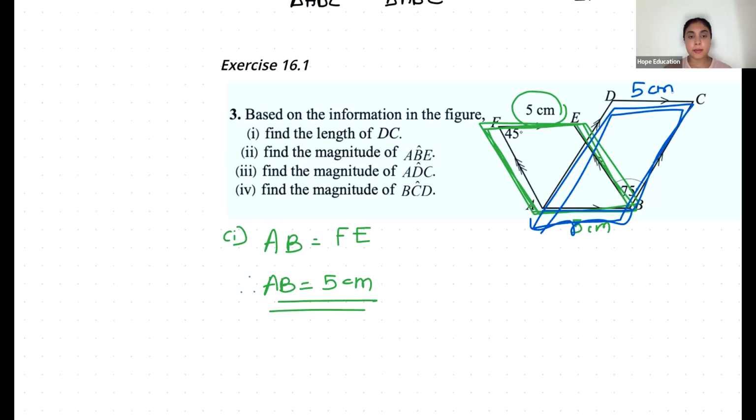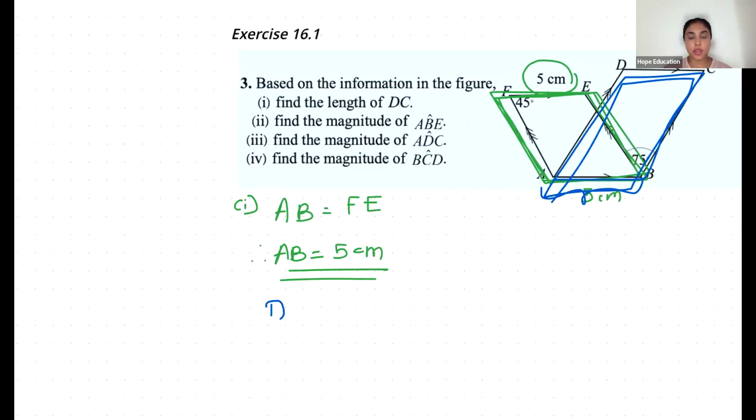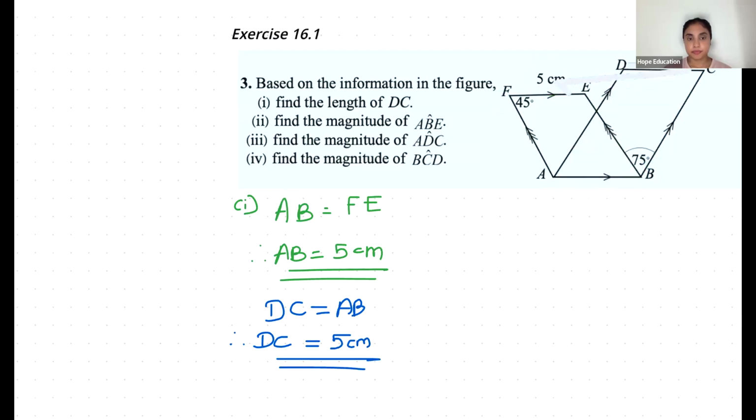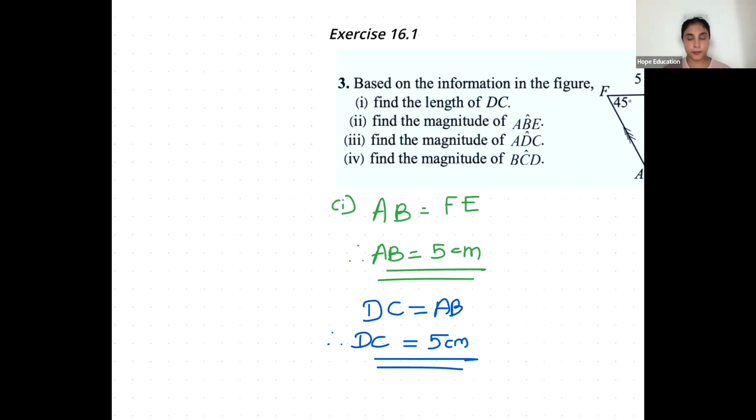Then DC is equal to AB. Is that clear to you? Others?